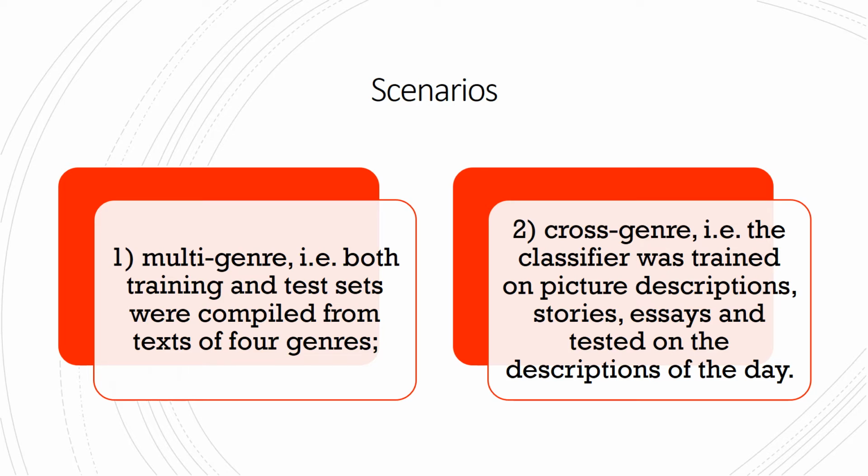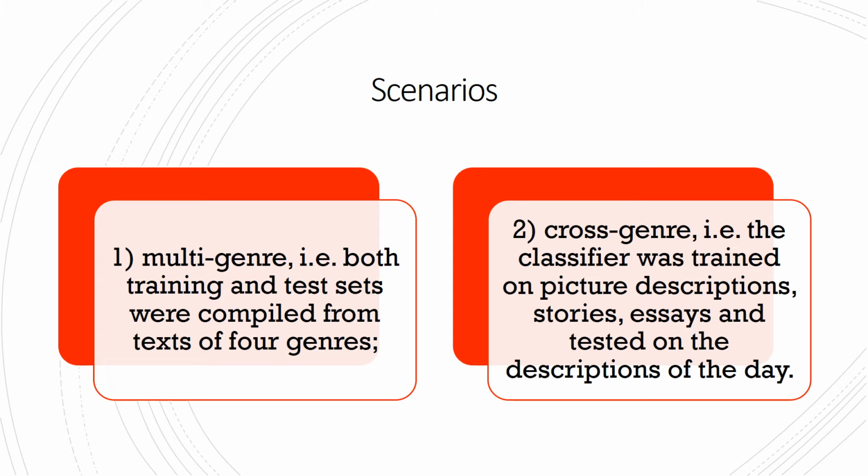Both in the training and the test set, they were texts of different genres, which explains the name of the scenario. The test set included texts of the same genres as in the training set. So in both training and test sets, we have usual ordinary texts which represent all of our genres.